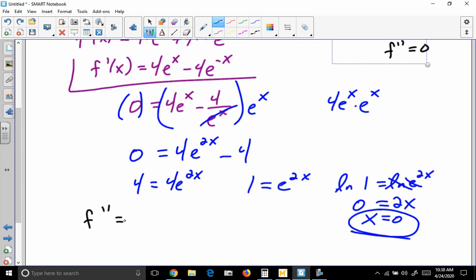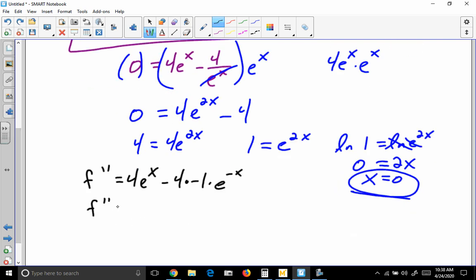So if we take the second derivative, the derivative of the first term is 4 times the derivative of e to the x, which is e to the x, minus 4 times the derivative of e to the negative x, which is e to the negative x times the derivative of negative x, which is negative 1.